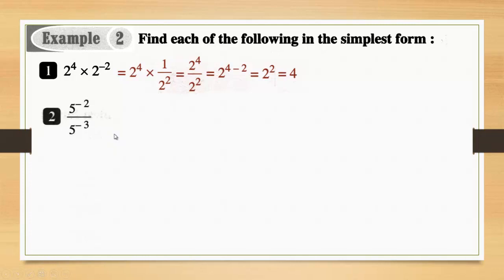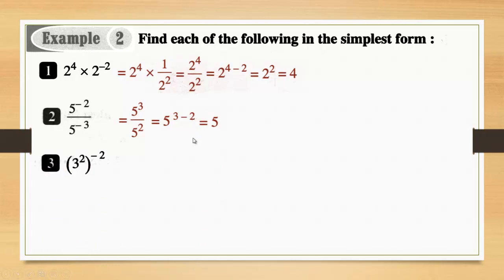Example number 2, 5 power negative 2 over 5 power negative 3. We exchange the powers between the numerator and the denominator, so we get 5 power 3 over 5 power 2. We keep the base and subtract the powers: 5 power 3 minus 2 equals 5 power 1 equals 5.